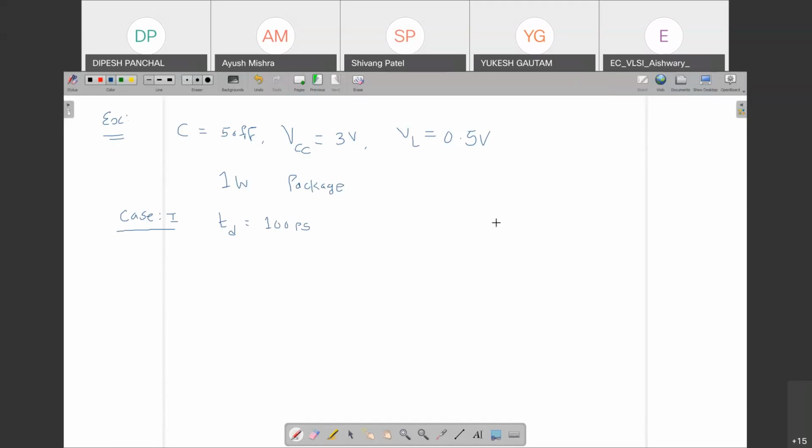Use your calculator. From now onwards you have to keep a calculator with you apart from pen and book. What is the power dissipation? Use that formula, PD into TD.